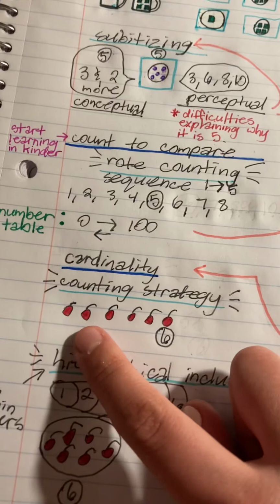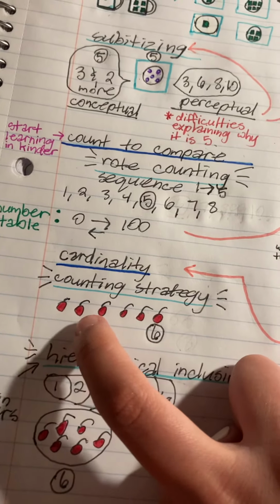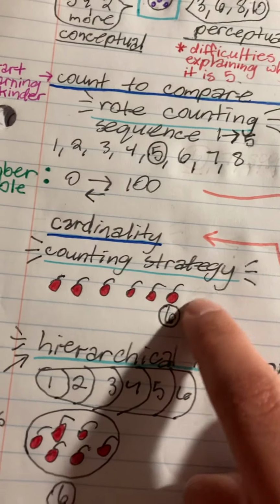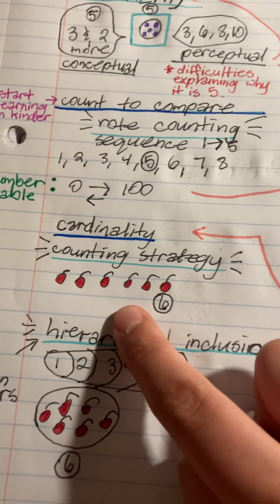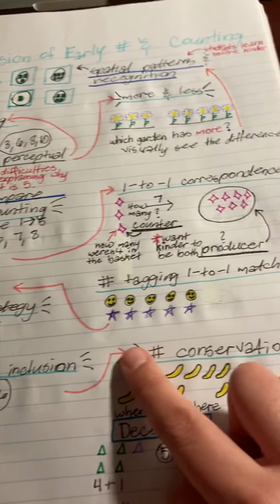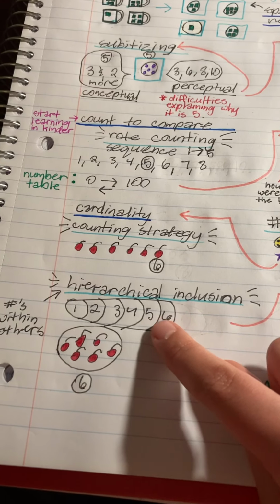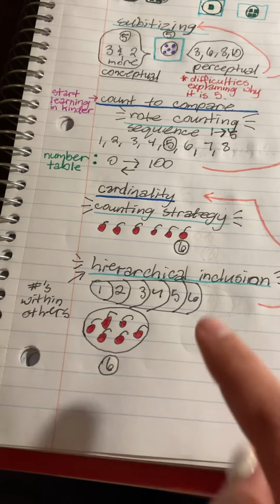So for example, right here, this is a counting strategy, and there's 1, 2, 3, 4, 5, 6 cherries, and so the last number is 6, so therefore there's 6 cherries in the number sequence. And then from there, you reach hierarchical inclusion, which is where numbers are within numbers.